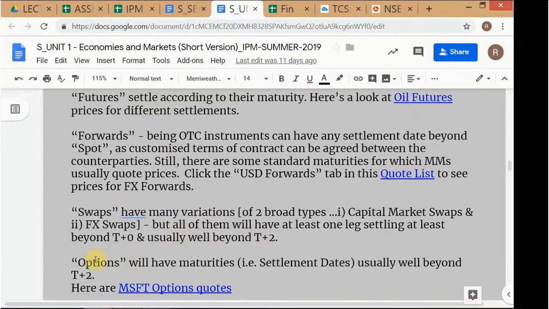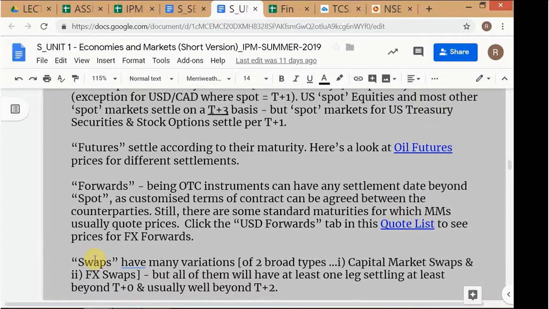These other columns are not important at this stage until we come to study the individual instrument types such as futures, forwards and swaps, which we will do in subsequent courses. But the point to remember at this stage is only this.